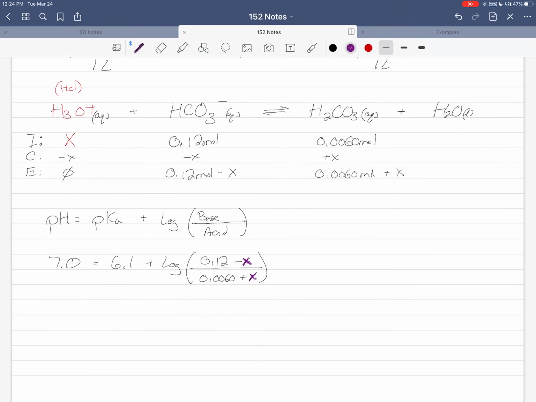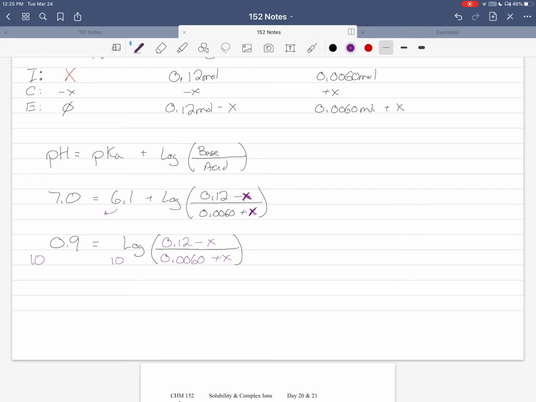Well, what do we do first? First step, subtract the 6.1 from both sides. 0.9 equals the log of 0.12 minus X over 0.0060 plus X. How do I get rid of the log? Same button on the calculator, 10 to the power. So I do 10 to both sides.